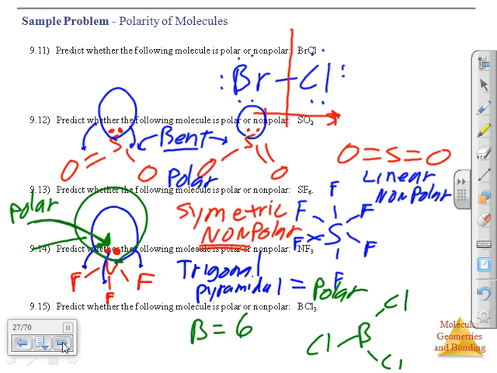So it's not going to have any lone pairs there. So this one would be non-polar, because that one will be trigonal planar. Trigonal planar, and so it will be non-polar.